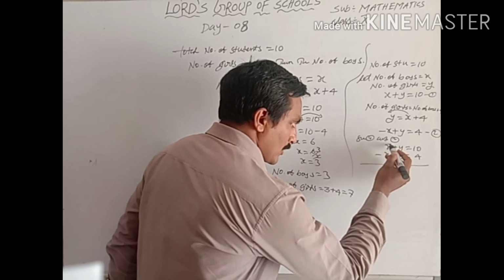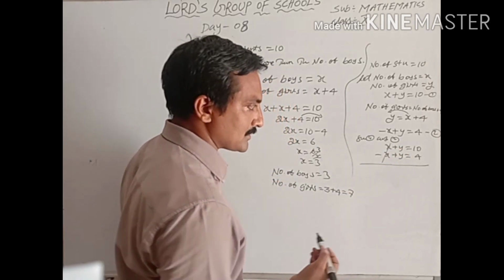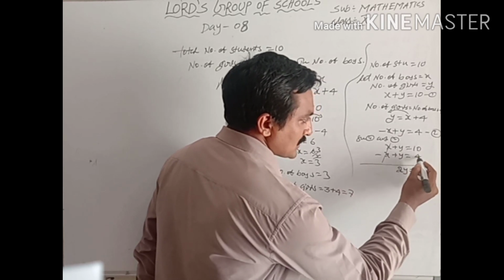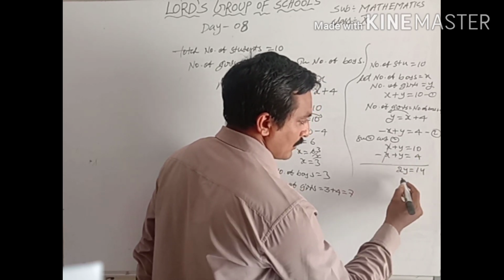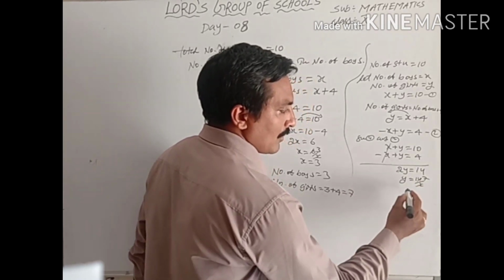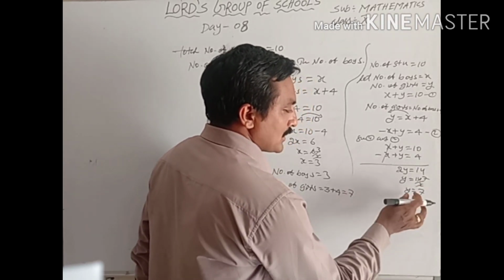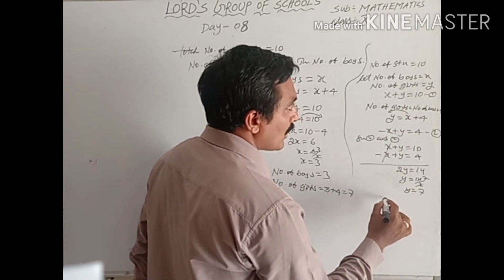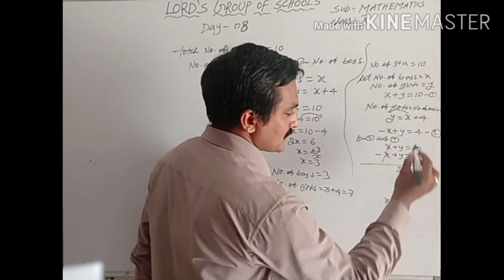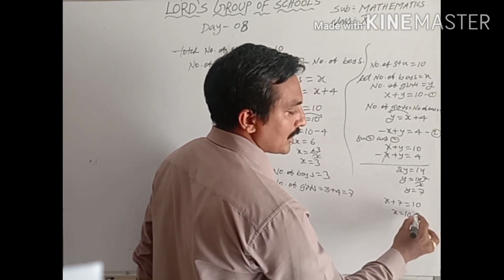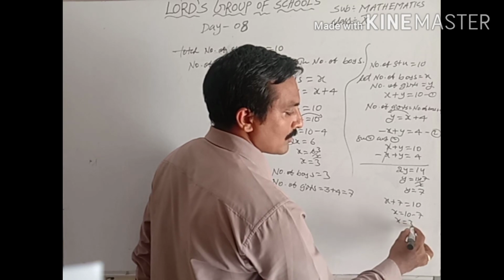Then cancel these two: plus x minus x cancels, y plus y is 2y, and 10 plus 4 is 14. y is equal to 14 by 2, which is 7. The y value is 7. Substitute this y value in one of the equations: x plus 7 is equal to 10, so x is equal to 10 minus 7, x is equal to 3.